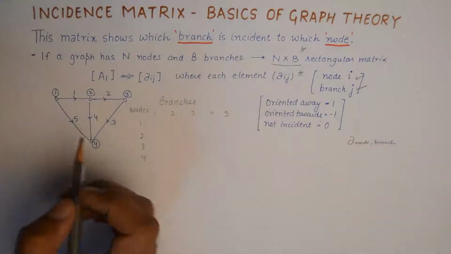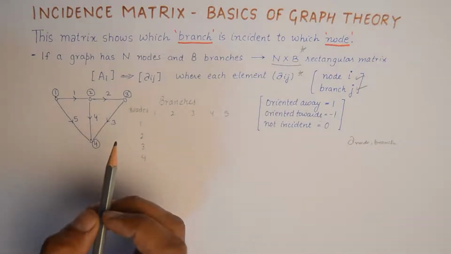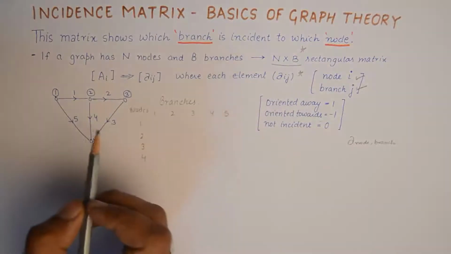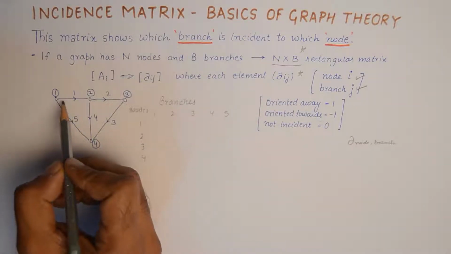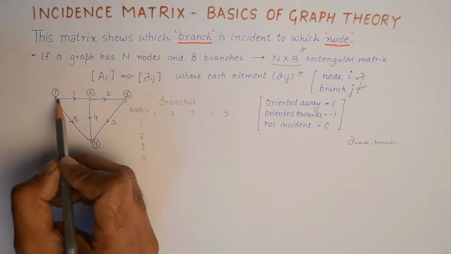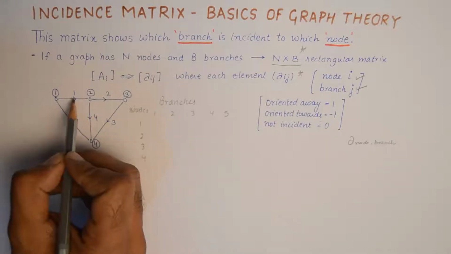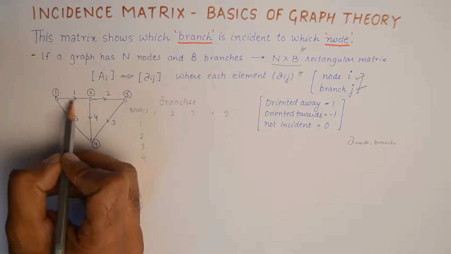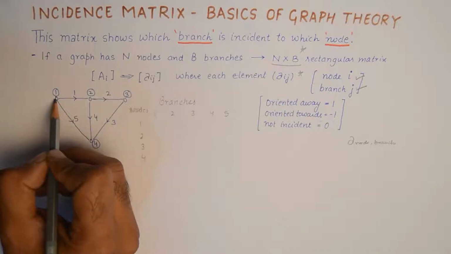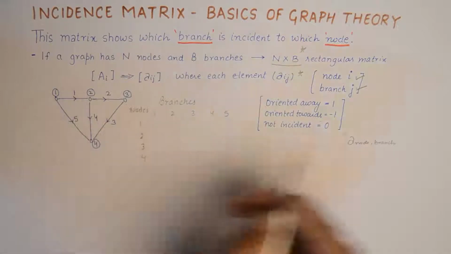And the third point is, if the branch is oriented away from the node, for example, branch 1 is oriented away from node 1, we'll assign a 1.